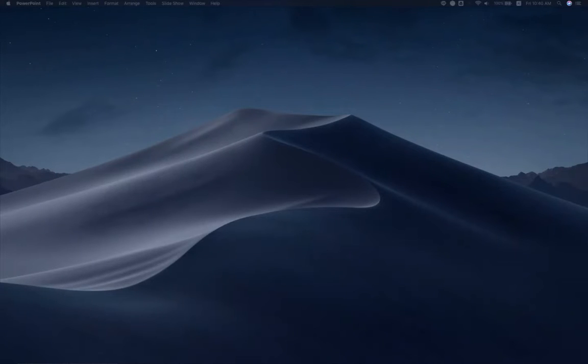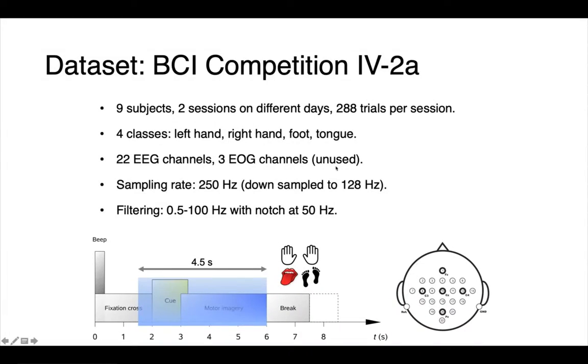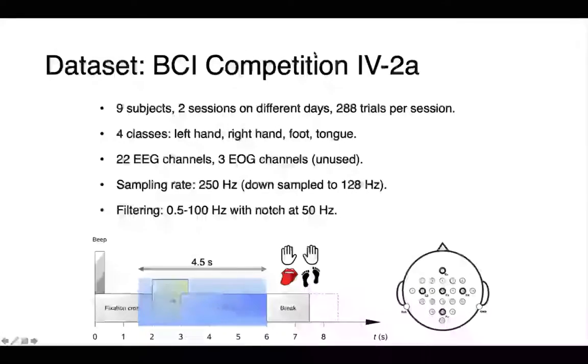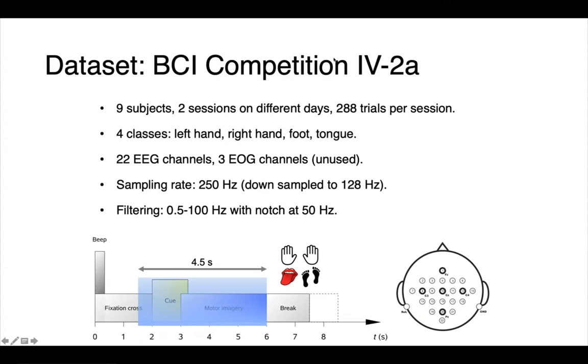So let me introduce a data set of motor imagery. This is a classic motor imagery EEG data set called BCI competition 4 2a. The name came from an event a long time ago, which is a BCI competition. And in the competition, they released a bunch of data sets recorded in a laboratory in Austria.